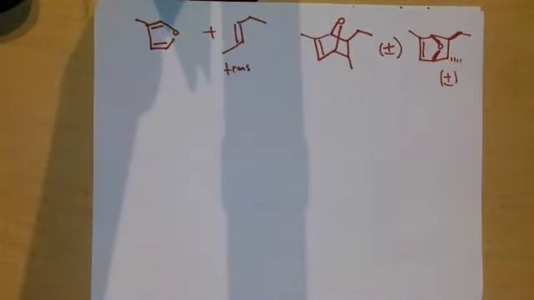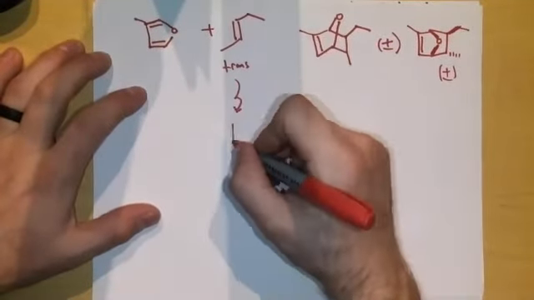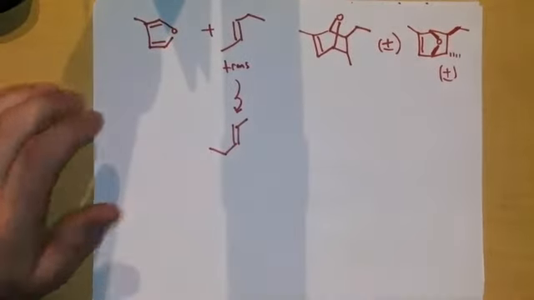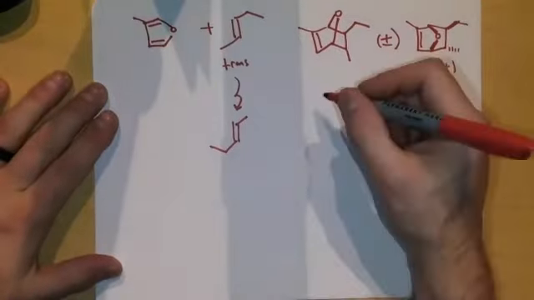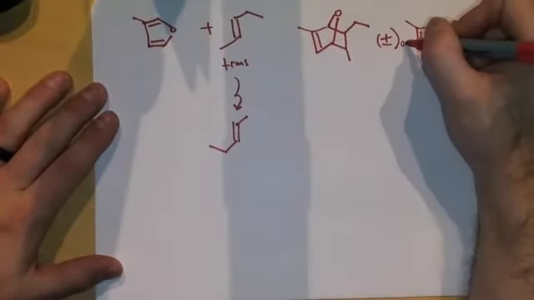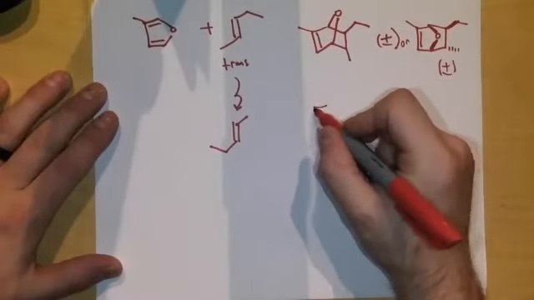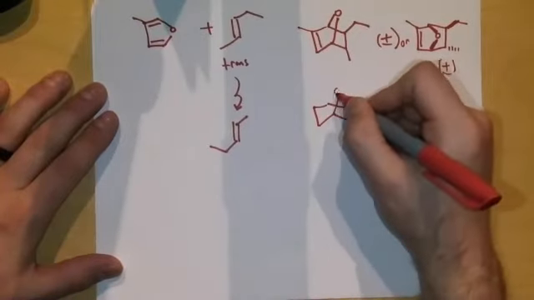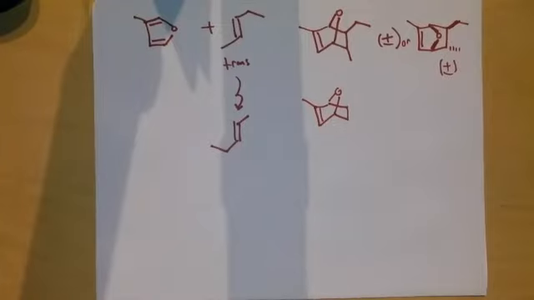Okay, we're asymmetric, so we can flip this guy. Which means this can lead to a different product, which would be the same general carbon skeleton.